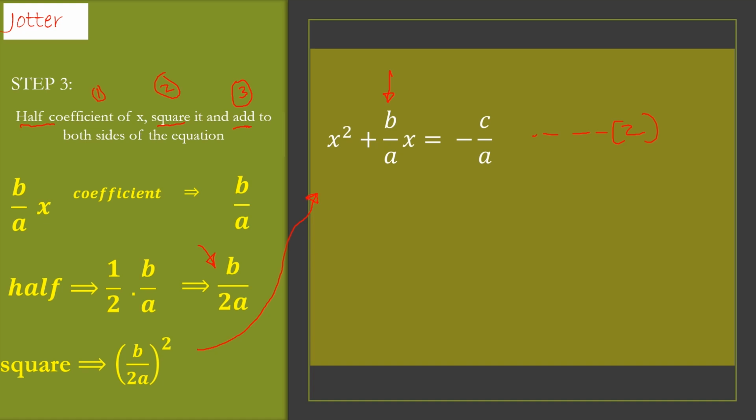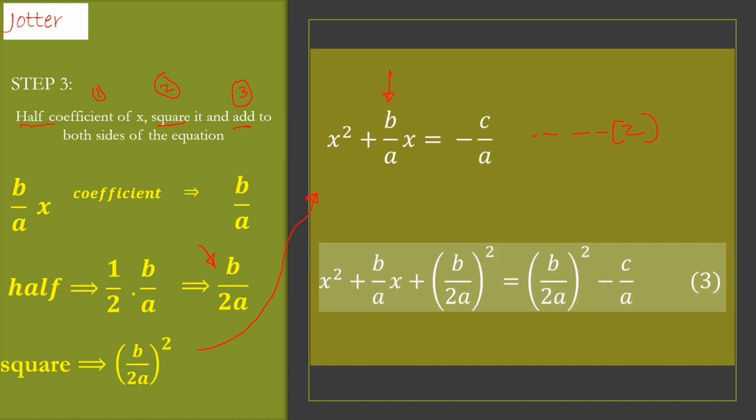And that will give us this equation, which is x squared plus b over a x plus (b over 2a) squared equals (b over 2a) squared minus c over a. This process is known as completing the square. And we'll see how useful this is as we go on.